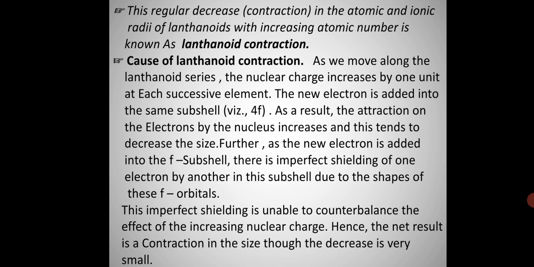With the increase in atomic number, the effective nuclear charge experienced by each 4f electron increases. This causes a slight reduction in the size with the addition of each electron in the 4f subshell. Thus, with the addition of each electron in the 4f subshell, there is a steady increase in the effective nuclear charge, resulting in a steady contraction in the size, as the effective nuclear charge goes on increasing.